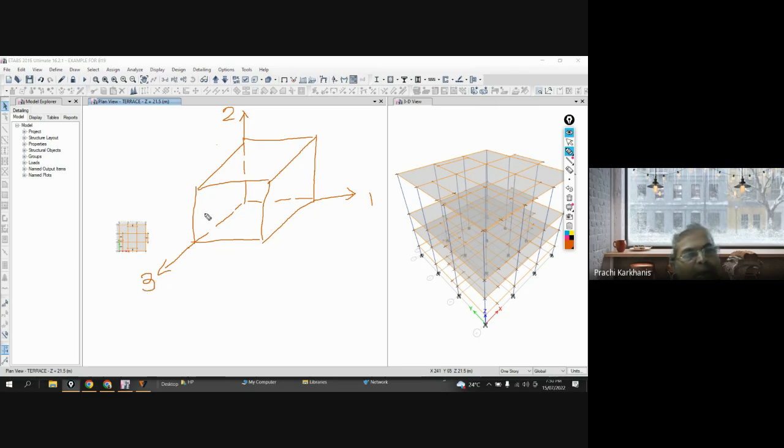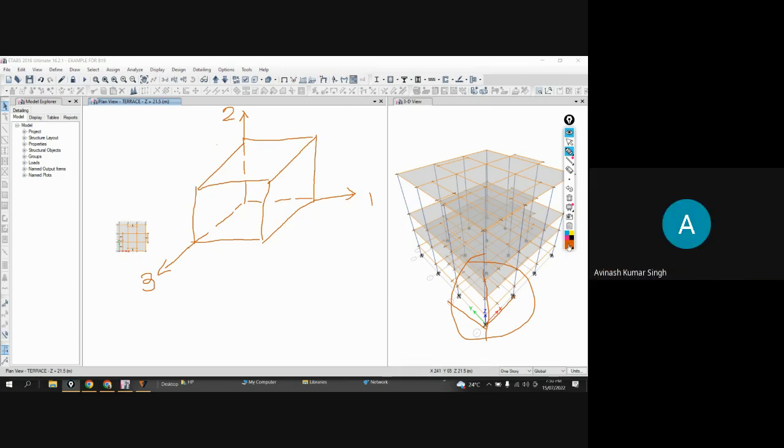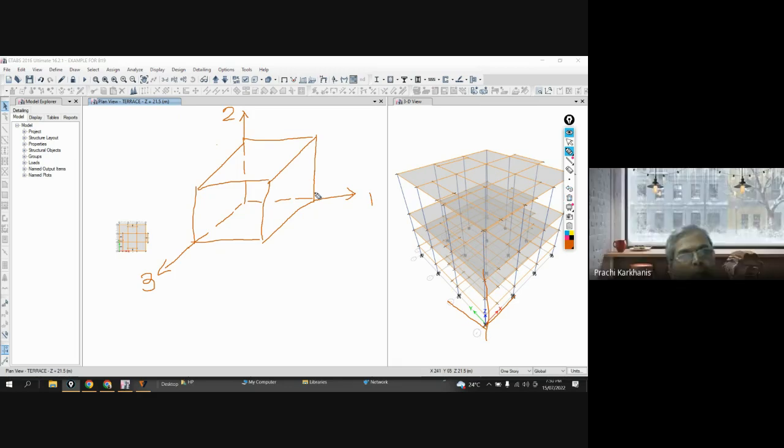So this is a local axis system. Apart from the local axis system, you will also have x axis, y axis, and z axis. So this is the global axis system, and this is the local axis system. Okay. This much clear? Yes, sir. Now we'll see that if I call this axis, so this is one plane. Okay, this is one plane.